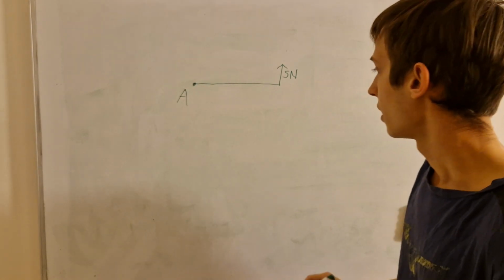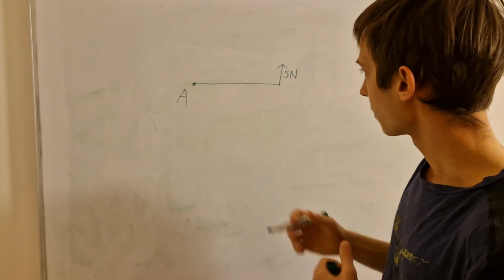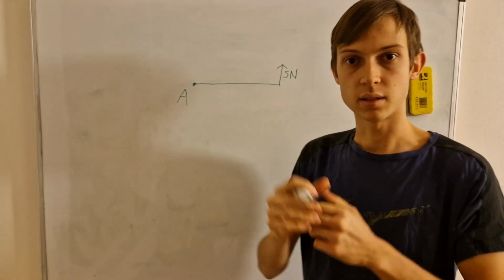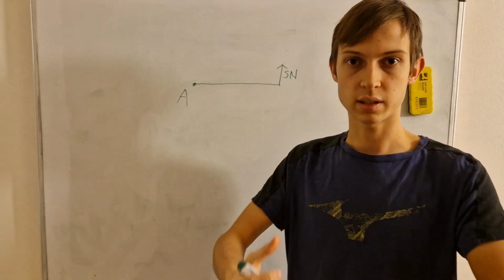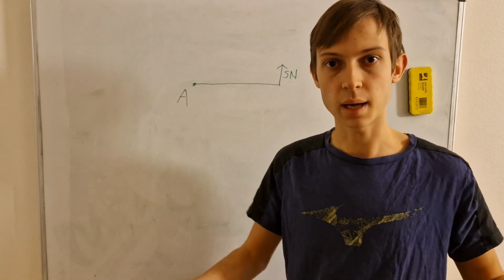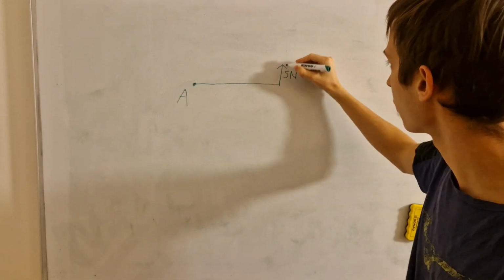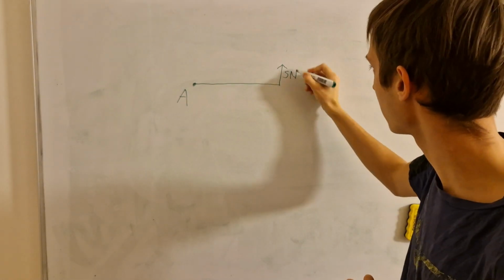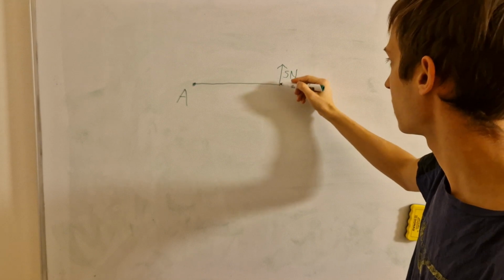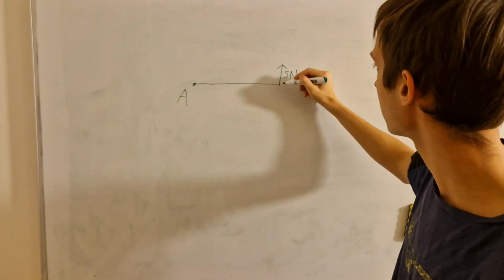The general definition of a moment is the perpendicular distance from a force's action line to the point, times the magnitude of the force. So what is the action line? We have the direction of the force and some magnitude, given by the length. If we prolonged the length twice, it would suddenly be 10 newtons.